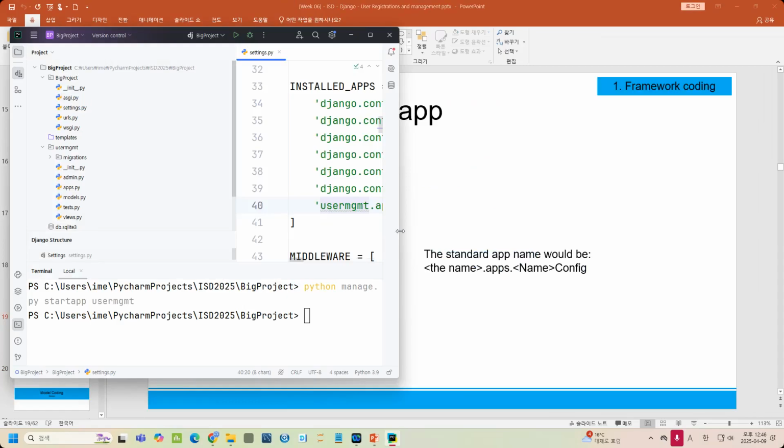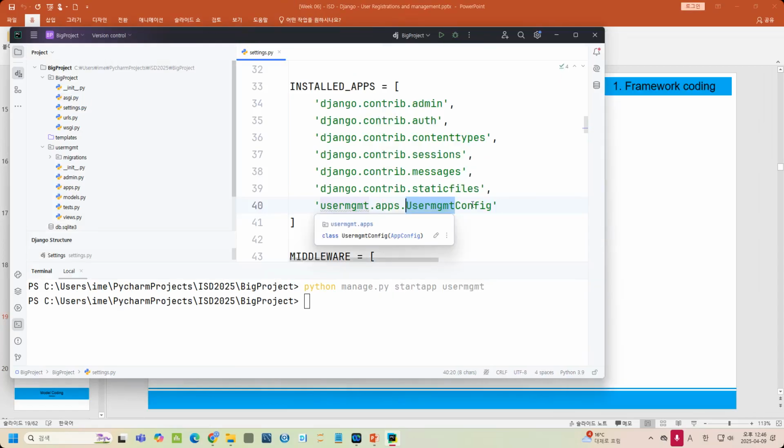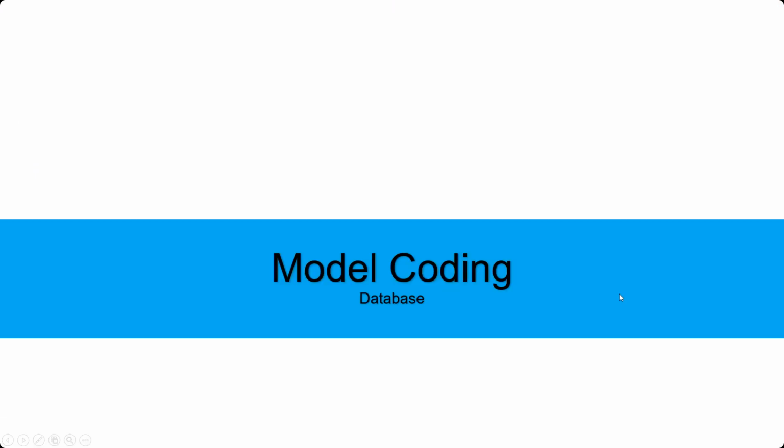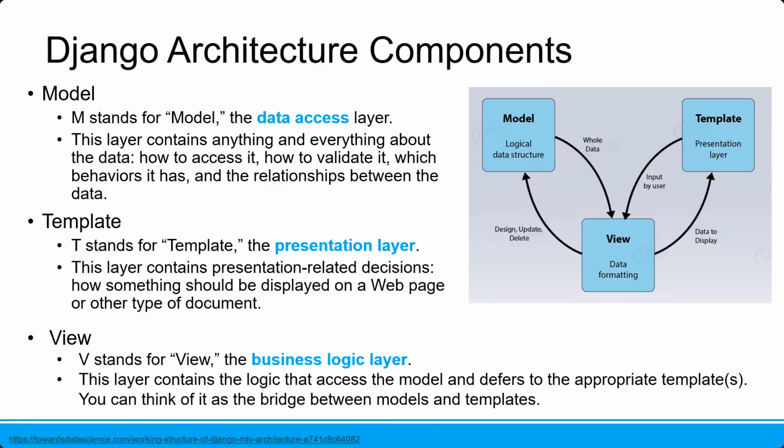So when you finish with this one, now everything is set up in the settings. Next, we need to create the database. For the database, as I mentioned to you, we have M, which is for the model.